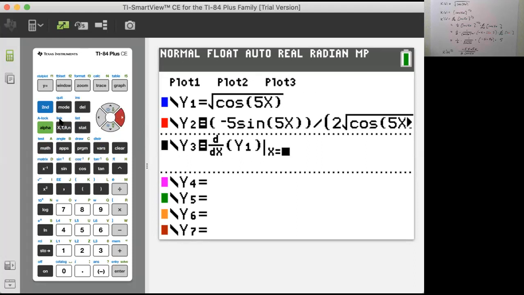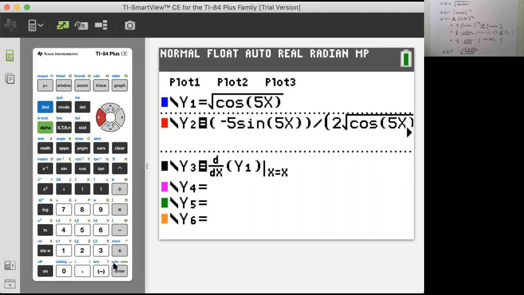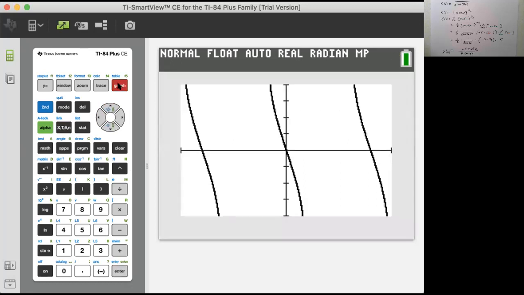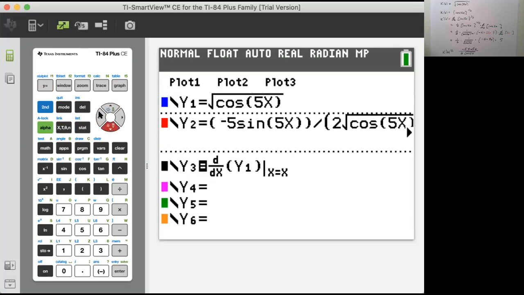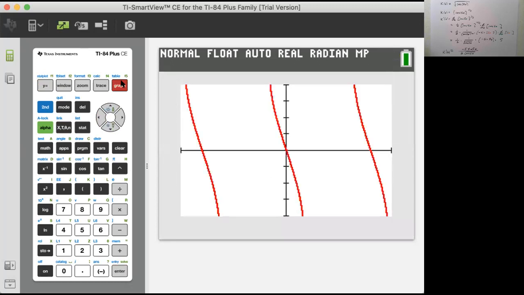Now I'm going to check to see if it agrees with the derivative. So we'll turn off the red function. And the black function is the derivative of the square root of cos 5x. Let's see what that looks like. Was that the same as the red function? Notice how the red function graphs right on top of it.